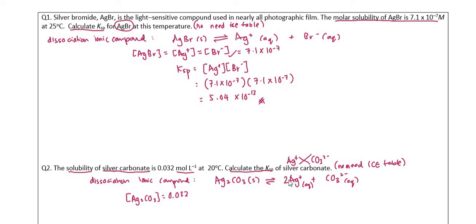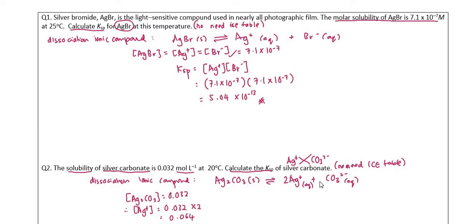Is it the same as the concentration of Ag+ and CO3 2-? No, because the stoichiometry is 1 to 2 to 1. So the concentration of Ag+ is 0.032 multiplied by 2, because the ratio here is 2, so you get 0.064. How about the concentration of CO3 2-?